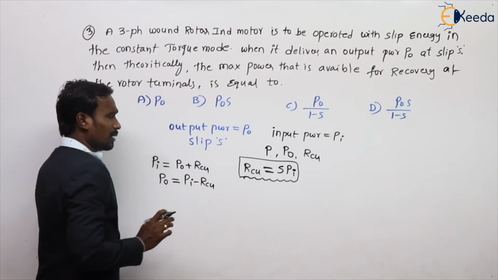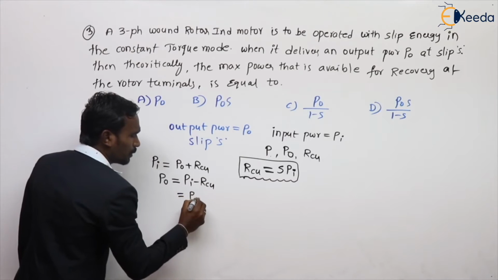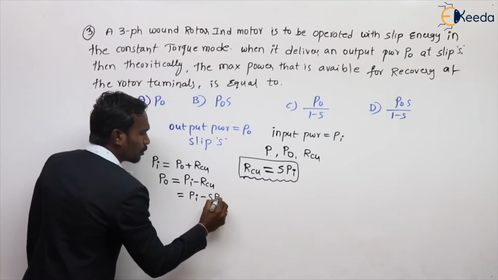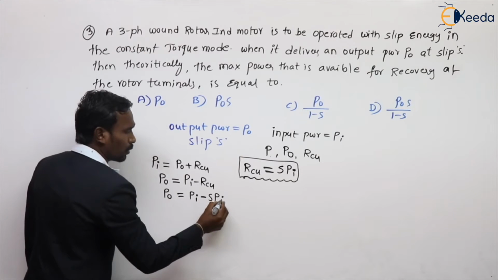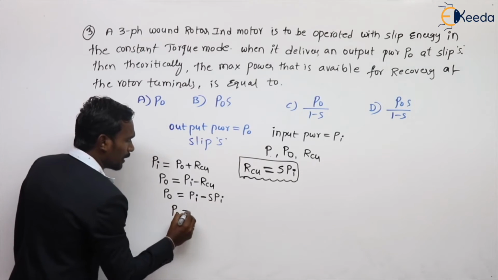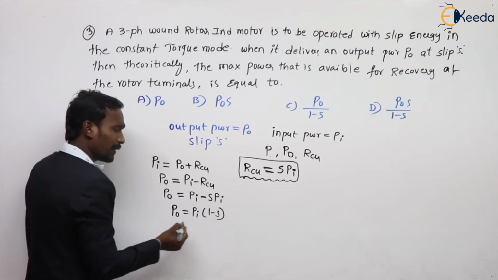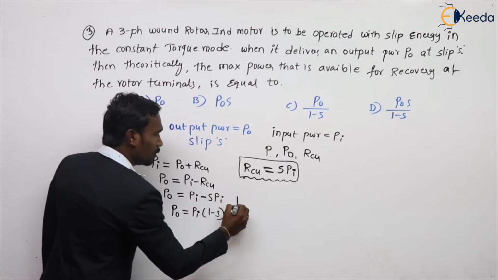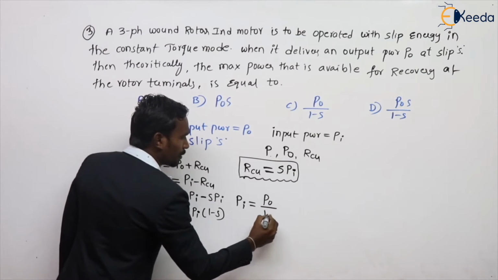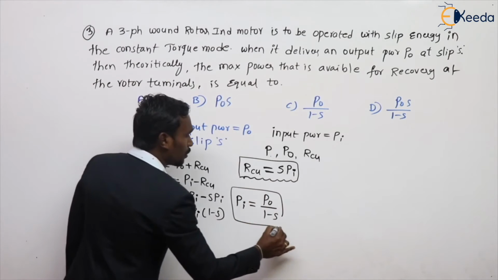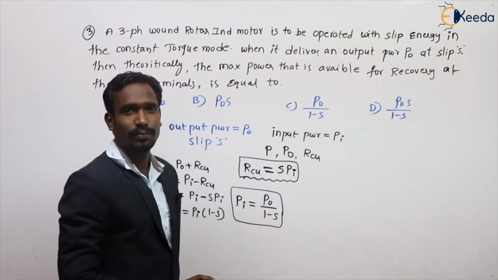Or for example, rotor output is equal to rotor input minus S into rotor input. Nothing but rotor output is equal to rotor input into 1 minus S. From this, rotor input is equal to rotor output by 1 minus S. You can get this answer from anywhere.